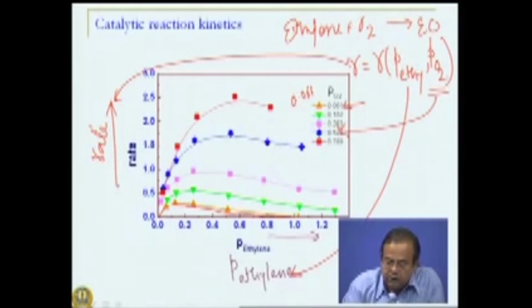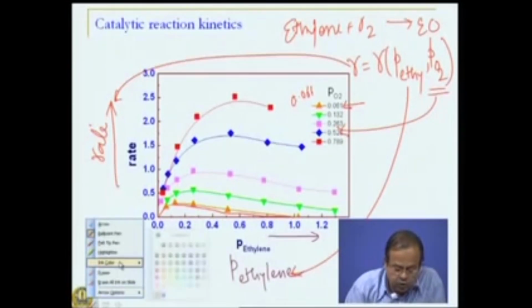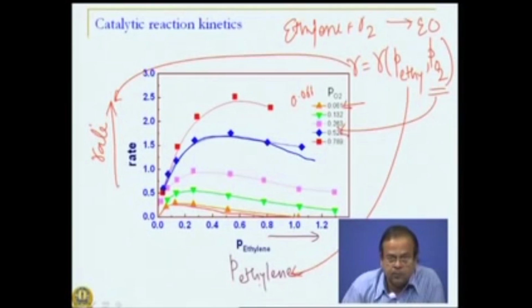As we increase the partial pressure of oxygen, there are different dependencies. For example, when partial pressure is 0.006, this is my rate of oxidation of ethylene as a function of ethylene concentration. So, now we can see two things here.